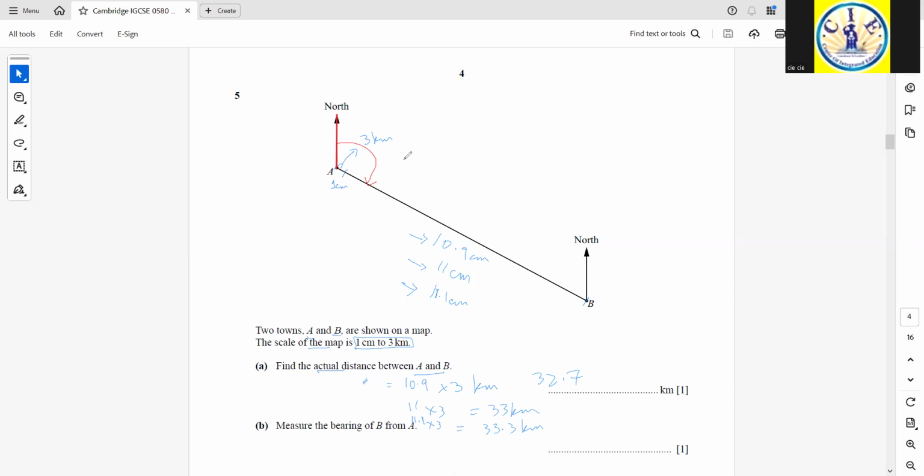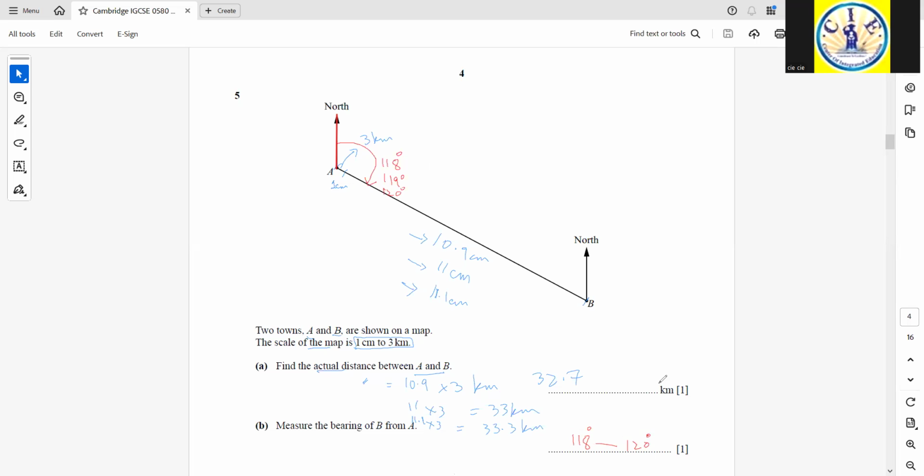So when we use our protractor, this angle becomes to be almost 118 degrees, or it could be 119 degrees, or someone might measure it to be 120 degrees. So it could be any angle within this range.